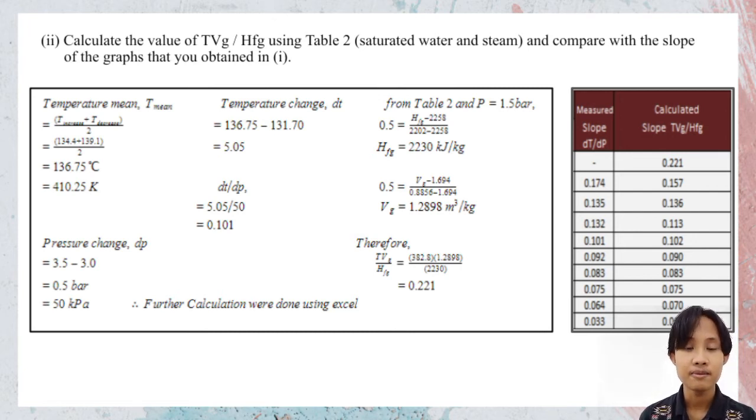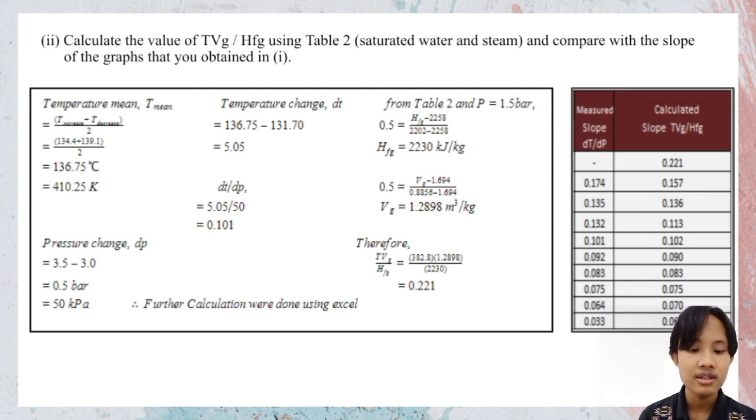So basically in the previous section, we calculated it using the method of dT over dP. For example, for the temperature change dT, we use 136.75 minus 131.70, and we get 5.05.